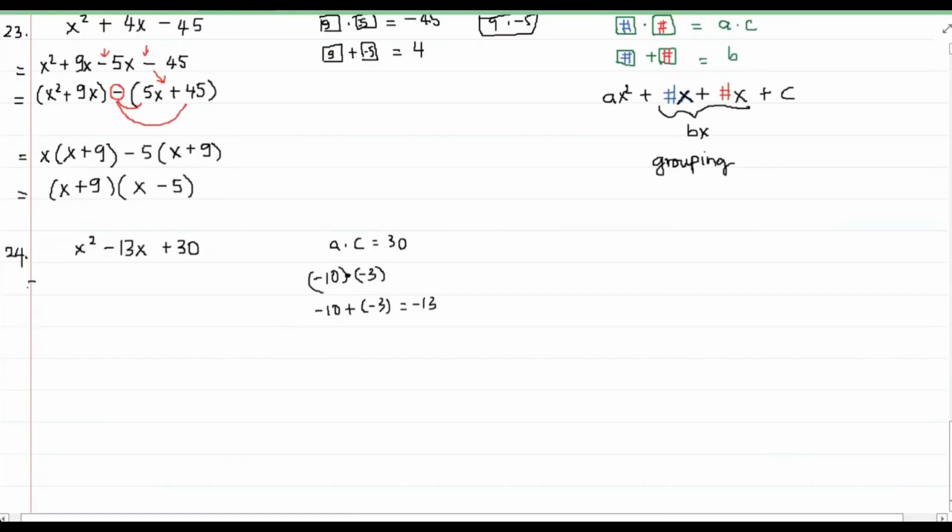So we rewrite that as x squared minus 10x minus 3x plus 30. Group the first two, right? And then this one becomes x squared minus 10x. That negative take out. We have 3x minus 30.